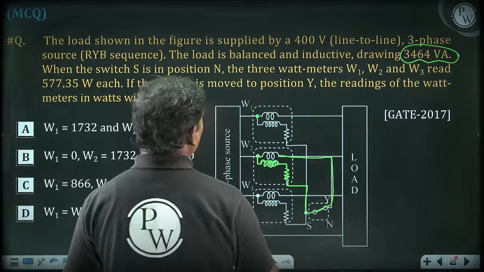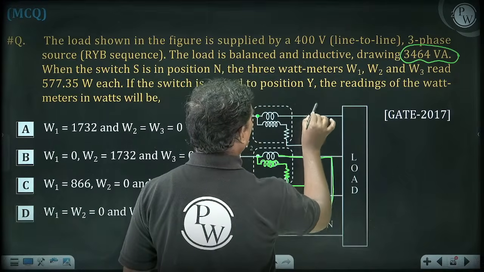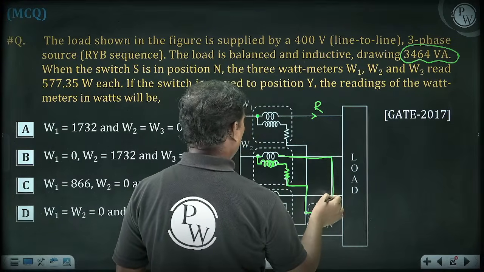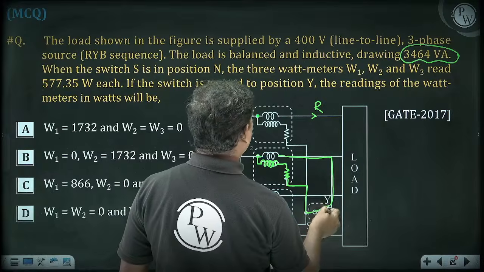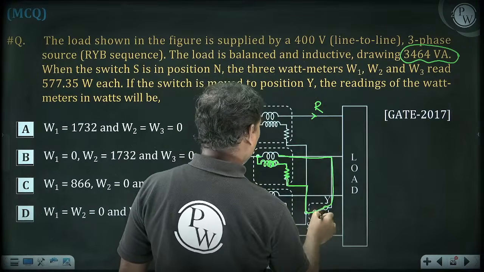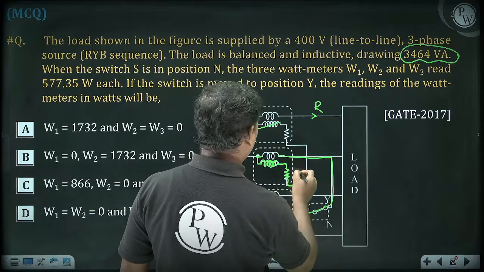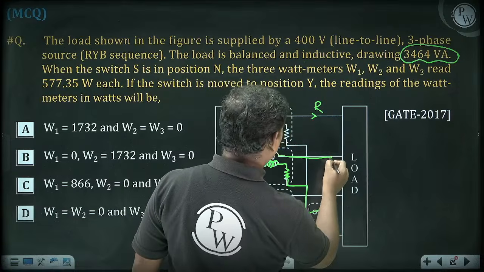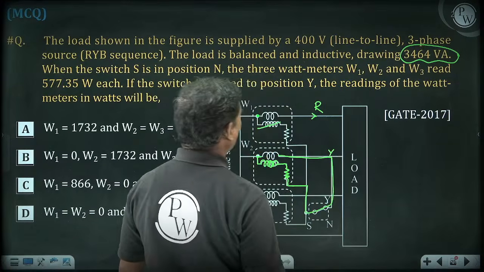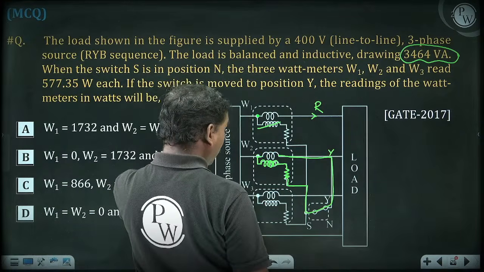So this is R, this is Y. So W1 is equal to also 0.